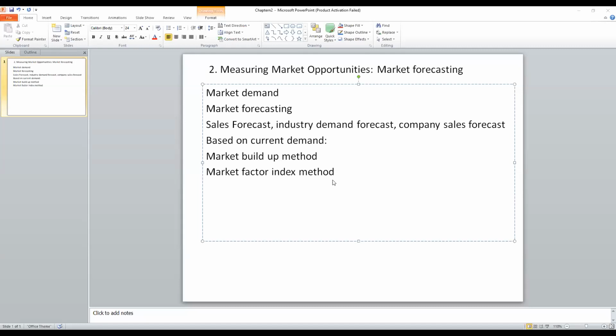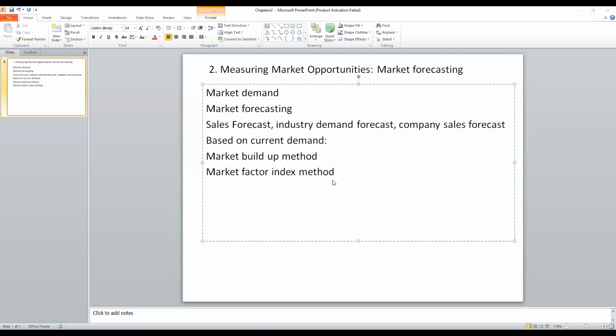Now here one can take into consideration the forecasting with reference to sales, that is the company sales forecast. It is the expected level of company sales based on a chosen marketing plan and an assumed marketing environment. In the current scenario of marketing environment and marketing plan, what would be the sales forecast? How would the sales be?